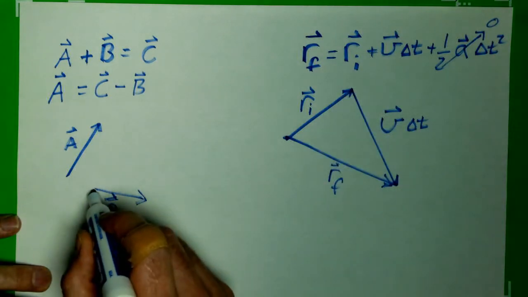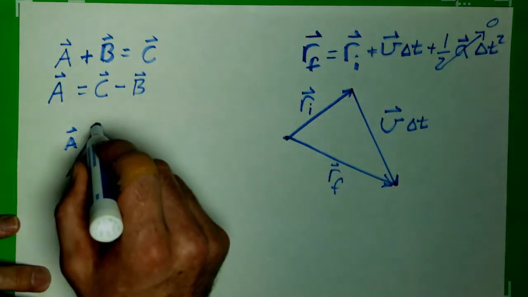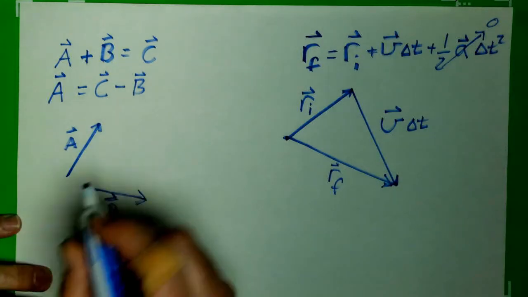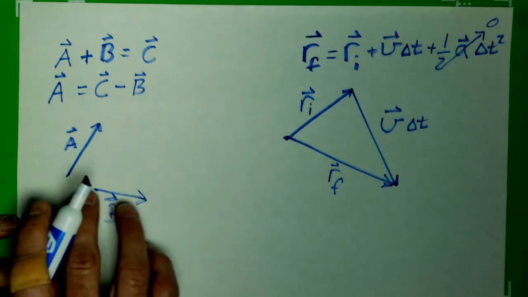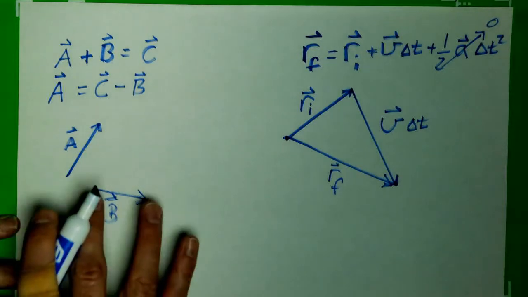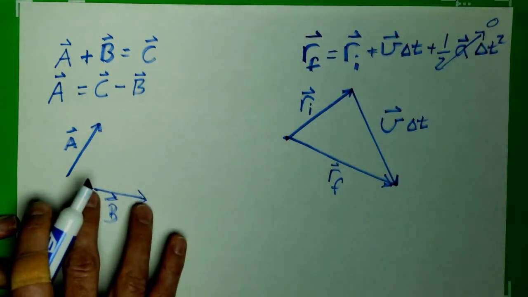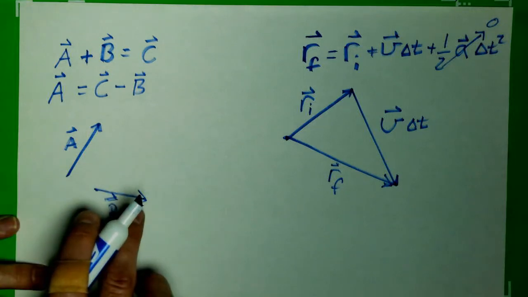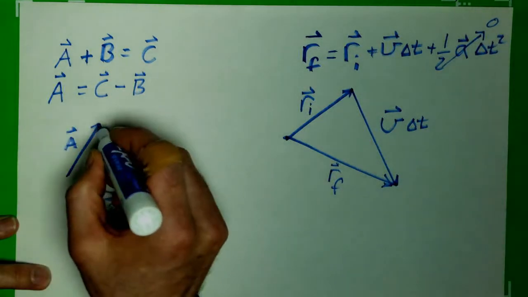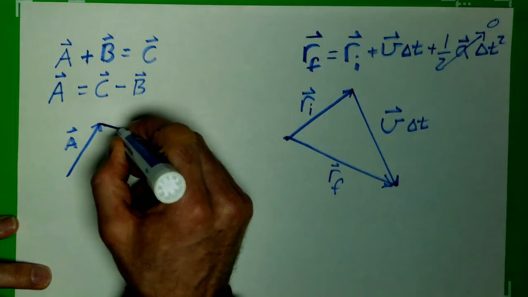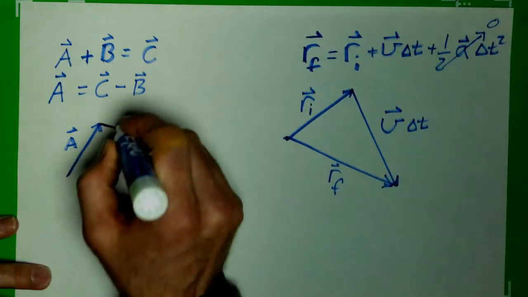So I place the tail of the second vector being added to the first on the tip of the first. The way you do that with vectors, as long as you don't rotate it or change its length, you don't change its size, where it exists in space doesn't matter. A vector is defined solely by how long it is and what direction it points. So as long as I don't change that, I can move that up here and get it like that. That's now vector B.